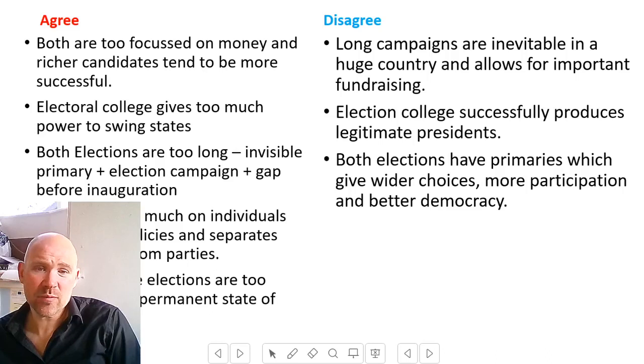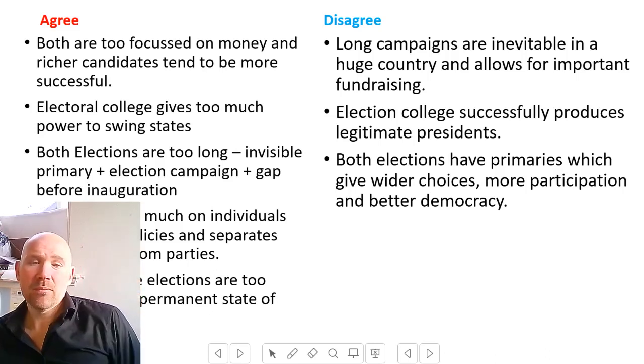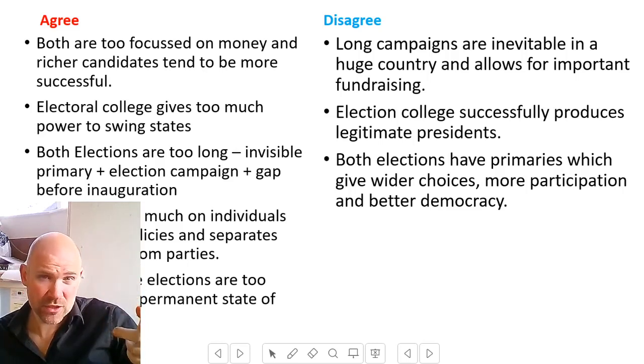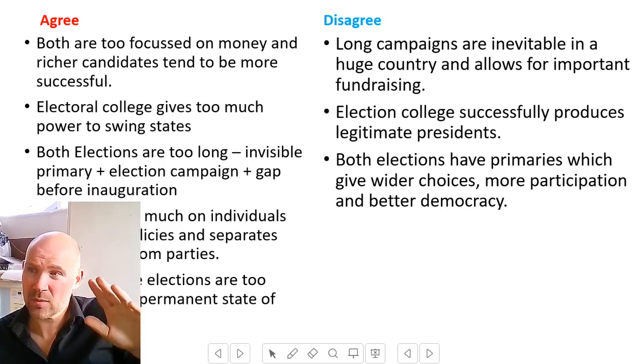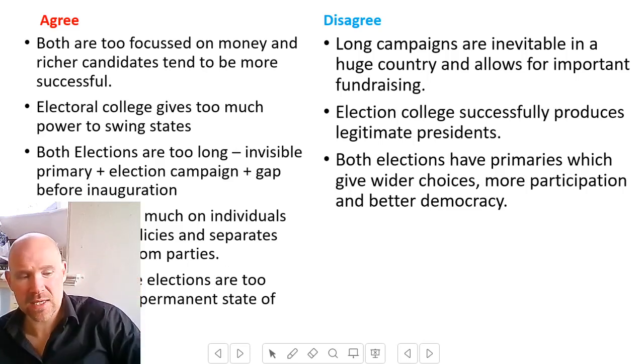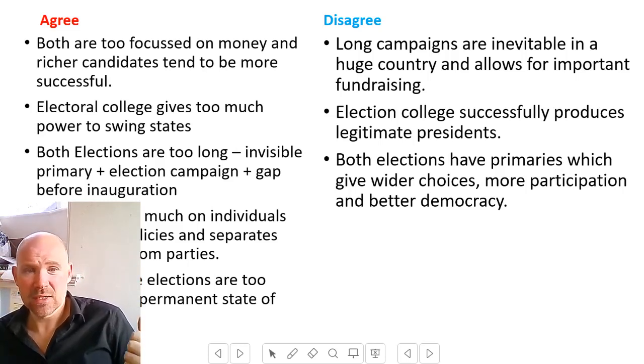Now, both elections have primaries, both congressional and presidential, so remember you need to include both. Did you know that congressional elections have primaries too? There was quite a famous thing where Alexandria Ocasio-Cortez won her primary against a moderate Democratic candidate. Now, let's just support primaries. It gives voters wider choices between different ideological elements of their parties.